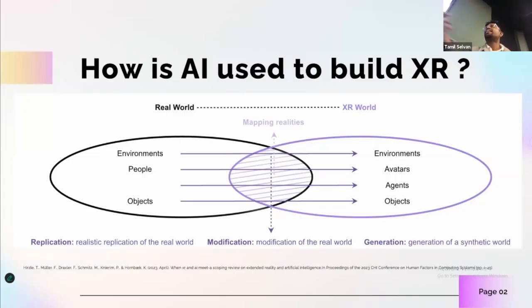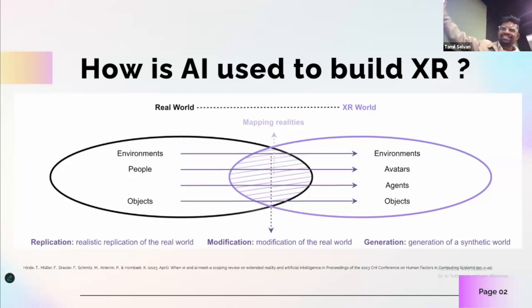To create that 3D scene and those gesture interactions, you need AI tools to help improve the user interaction. Then modification of the real world. That's where the augmented and mixed reality space comes in. If I don't like the color of the chair, I can just change it visually. So that is modification. Then generation of a synthetic world.